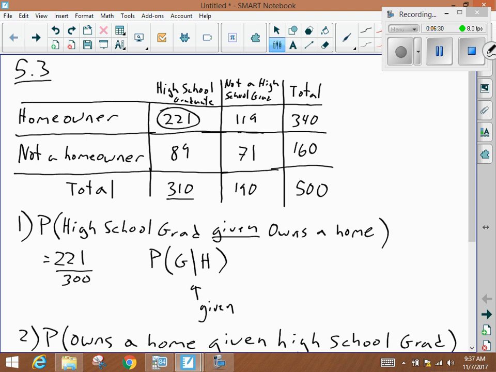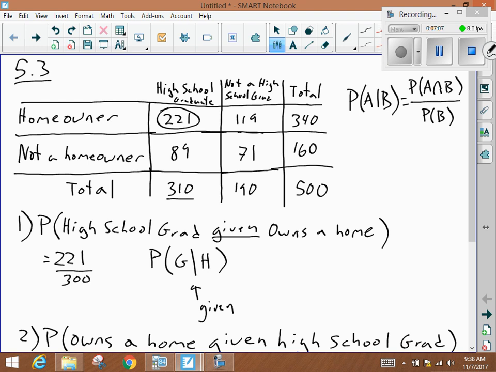Our formula is going to be the probability of A given B is equal to the probability of A intersect B over the probability of B. And likewise, you can switch it.